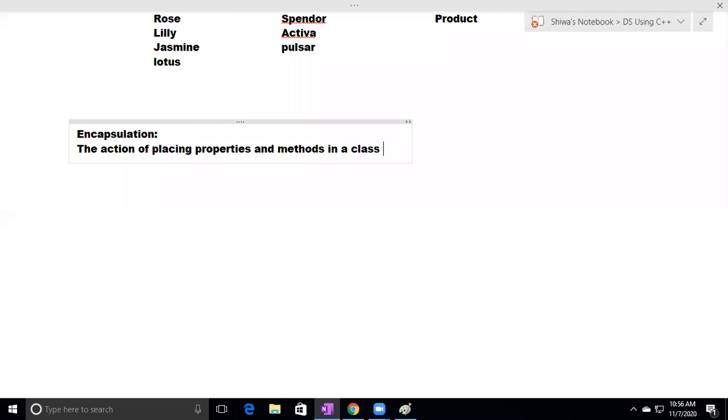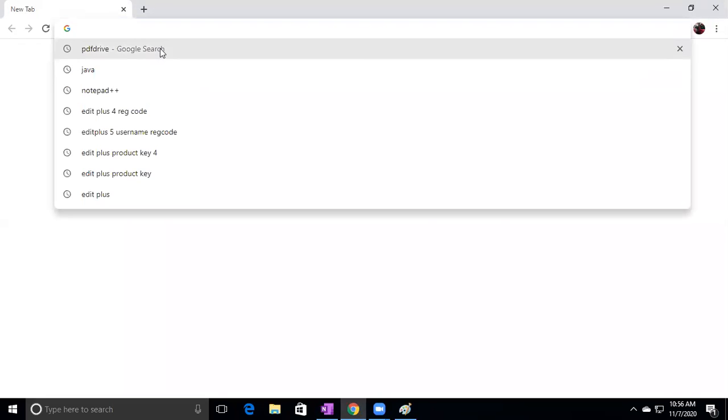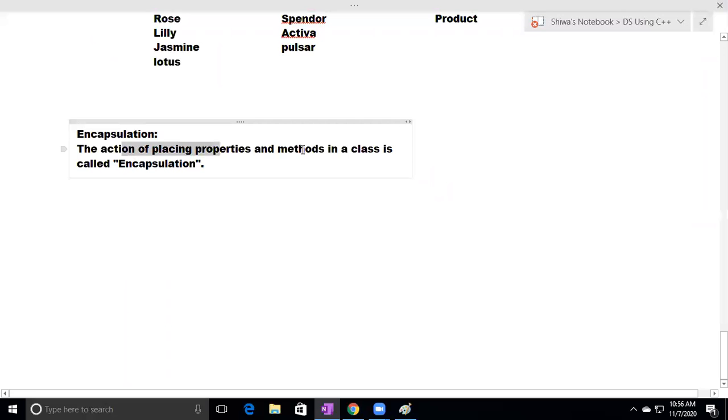That container I'm calling a class. Placing the properties and methods in a class is called encapsulation. Observe here: the general meaning of encapsulation is the action of placing something.